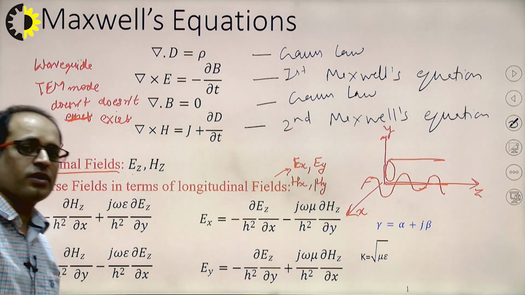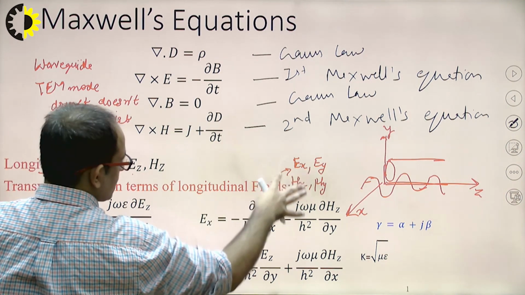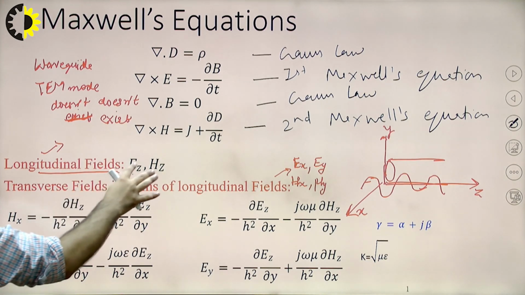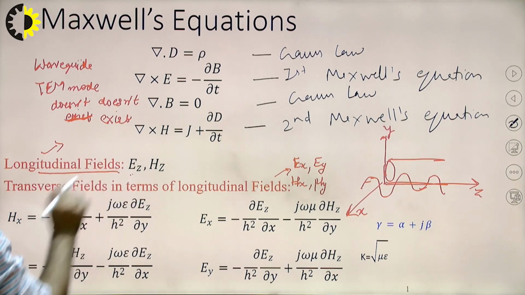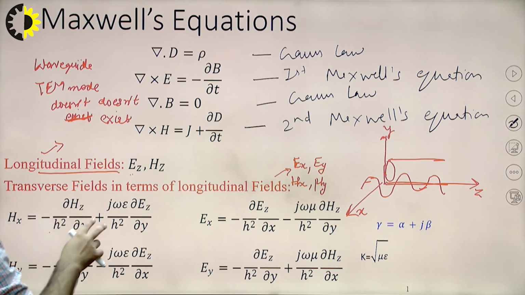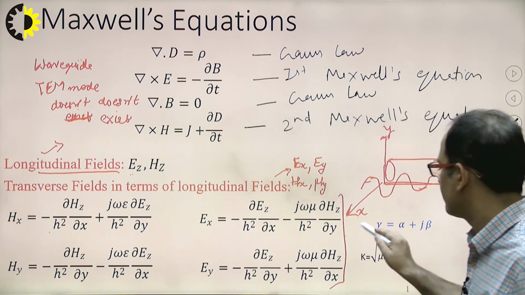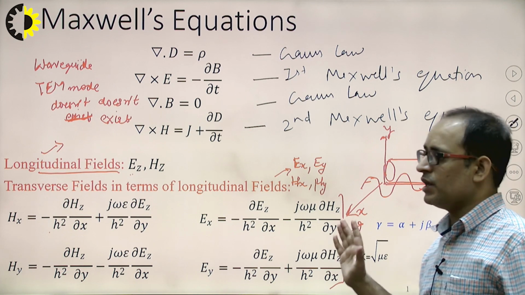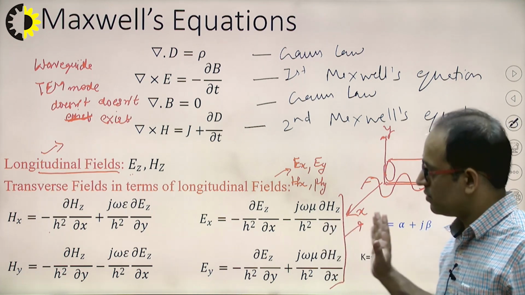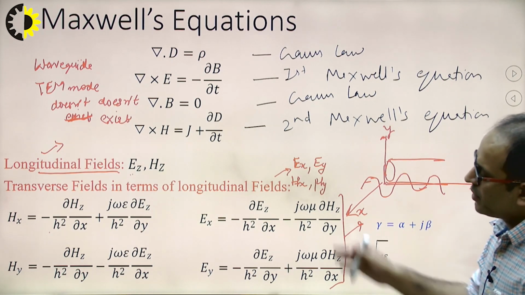Only TE or TM modes will exist in the waveguide, and the transverse components can be represented in terms of the longitudinal fields, for example Hx equals minus del Hz by del x upon h square. These equations we will derive for the TE mode for the waveguide in the upcoming slides.